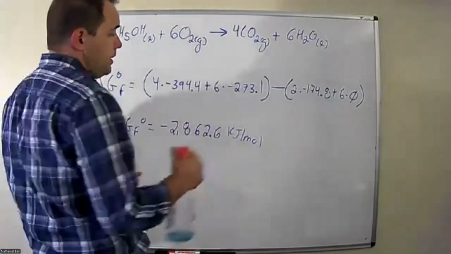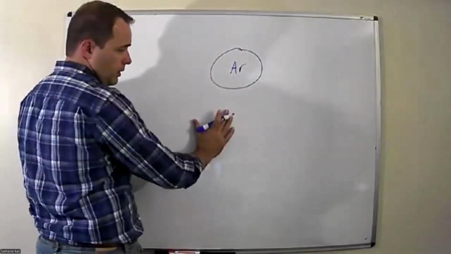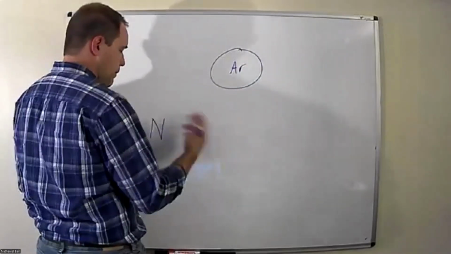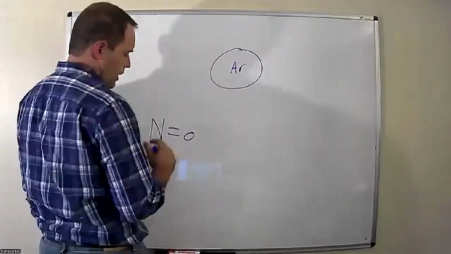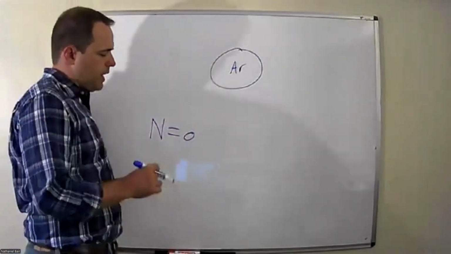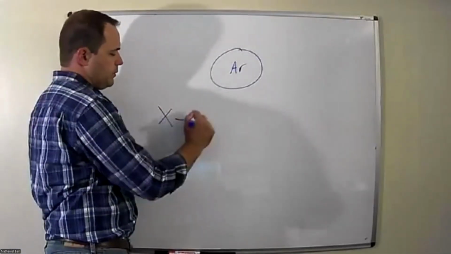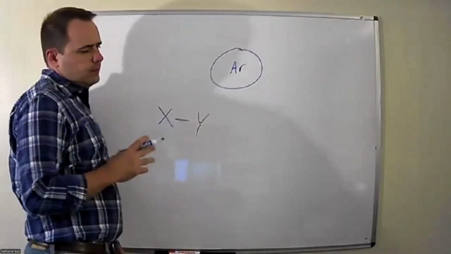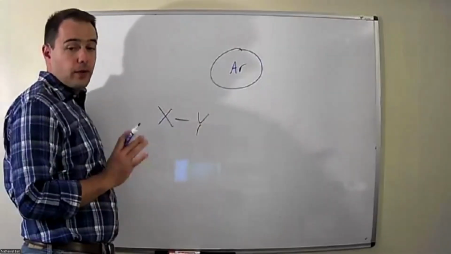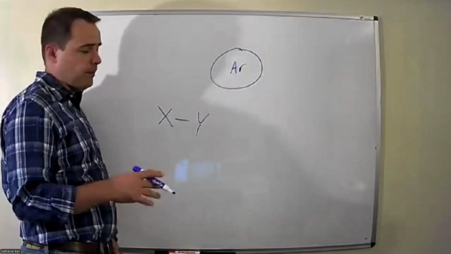I'll show you what I mean. Think about this. Here's an atom of argon, and we'll do a molecule of NO, whatever. We're not going to finish the Lewis structures, but let's just imagine this. It doesn't have to even be NO. It could be any two atoms bound to each other. If you have a bond, you have a lot of randomness that you can exert. Here's what I mean.